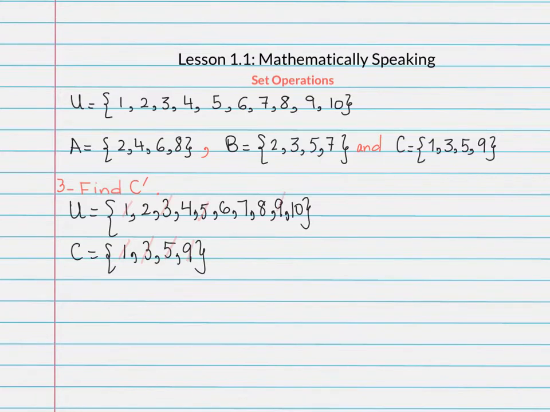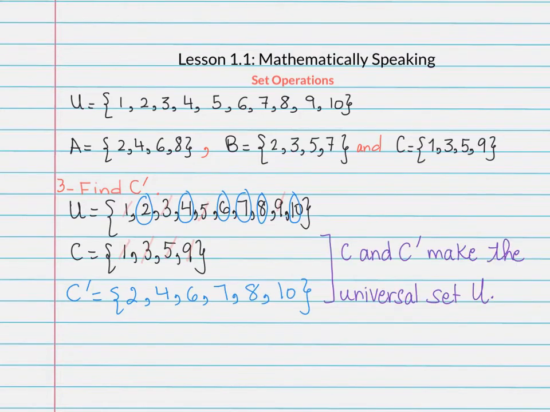And then we circle the ones that are left in the universal set. They are 2, 4, 6, 7, 8, and 10. Those elements are the elements of C prime, the complement of C. C and C prime make up the universal set U.